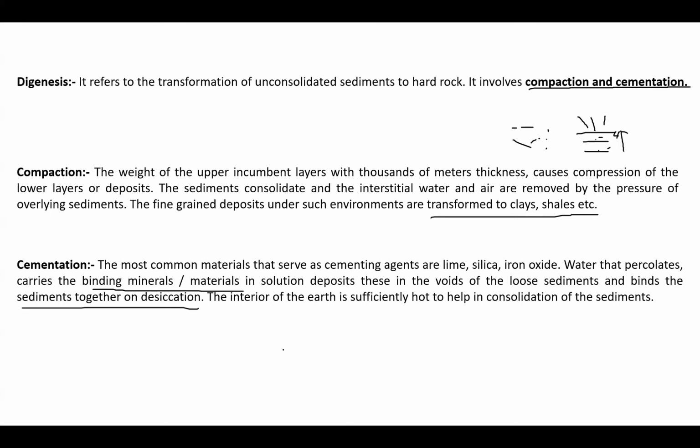Now, if I want to give an example, imagine this is a big mountain. Here we can see some pre-existing rocks. Pre-existing rock means, take it for granted, igneous rocks. Due to some rain or some animal movement, physical or biological, what happened? These rocks are broken down or weathered into small grains, small fragments.